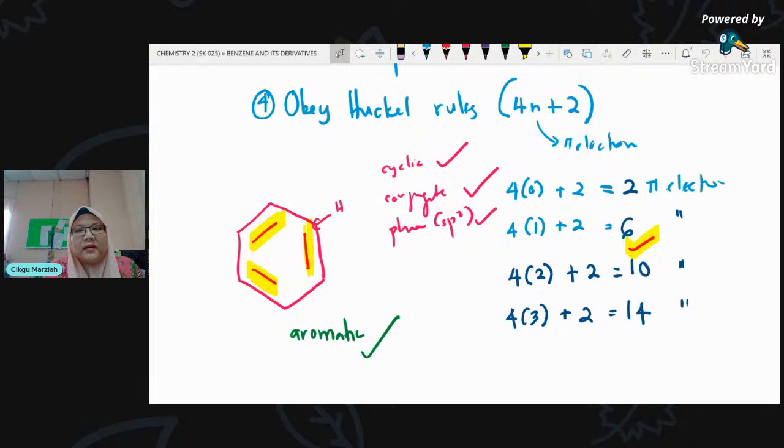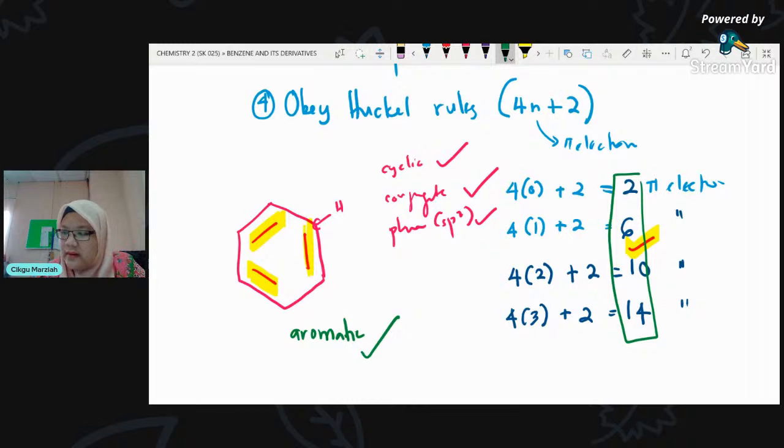Okey, itu dia. All 4 criteria tu dia mesti cyclic, conjugated double bond which is dia berselang-seli, and the last one dia mestilah hybrid planar, and lastly dia adalah nilai dekat sifir ni ada nilai 6 pi. Okey, so dapatlah itu. Itu cukuplah, awak tahu 4 kriteria ni dah cukup.